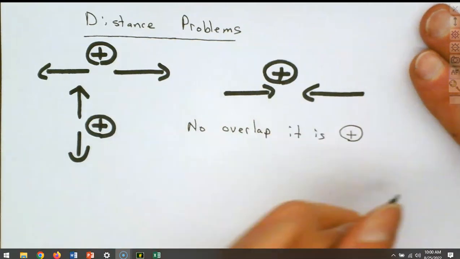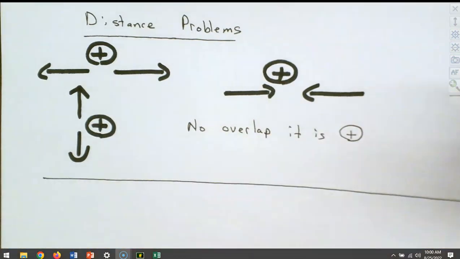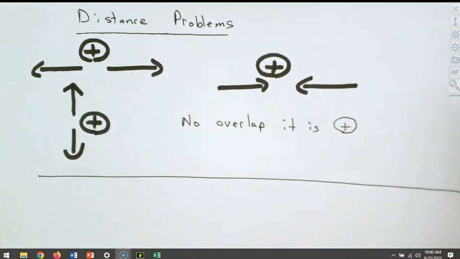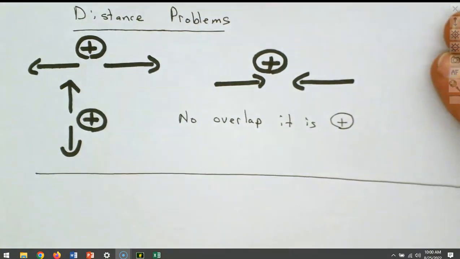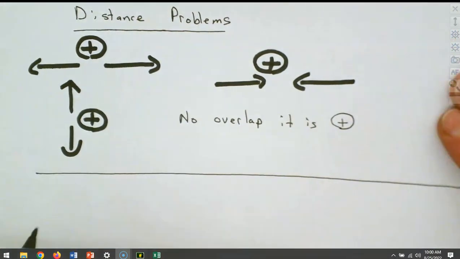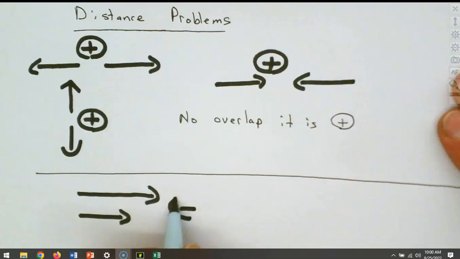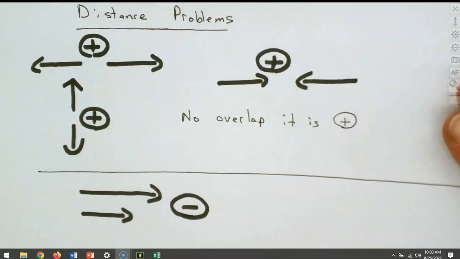So if they never overlap, it's going to be addition. If they overlap, it's going to be subtraction. So if you have two people running a race, they overlap, and that's subtraction. So whenever they overlap, you have to use subtraction.